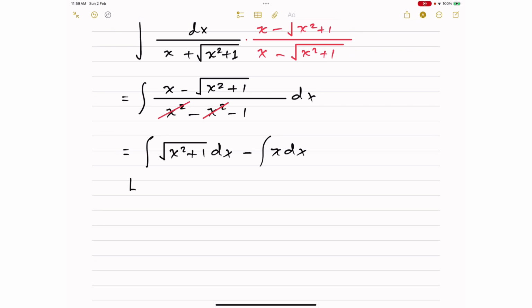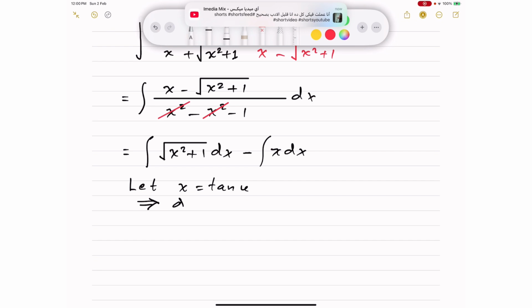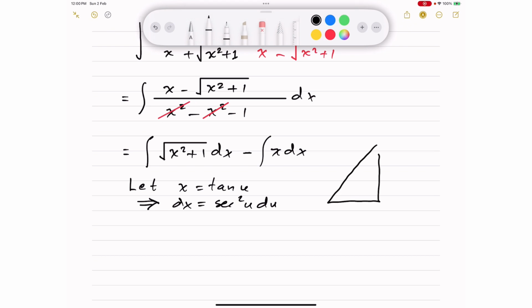So we're gonna let x equals tangent of u, and from that, dx is equal to secant squared of u du. And let's draw a right triangle here, where the angle here is basically u.